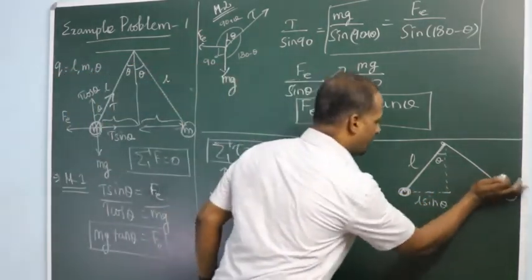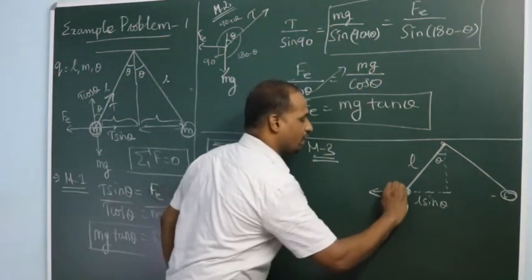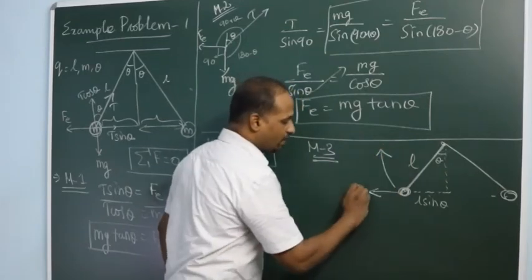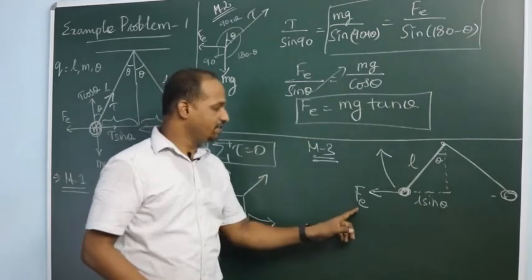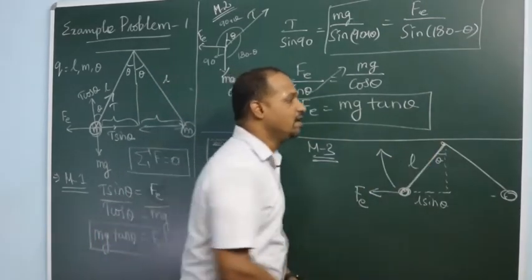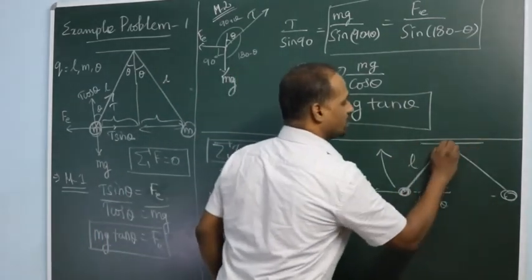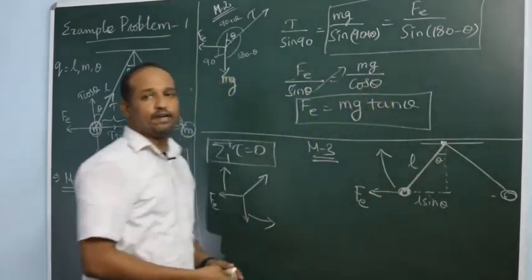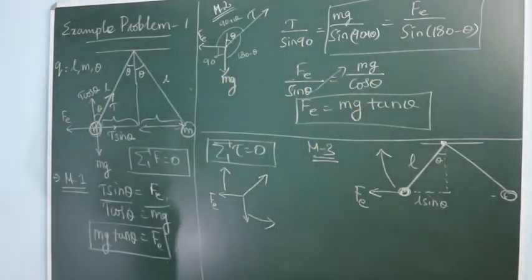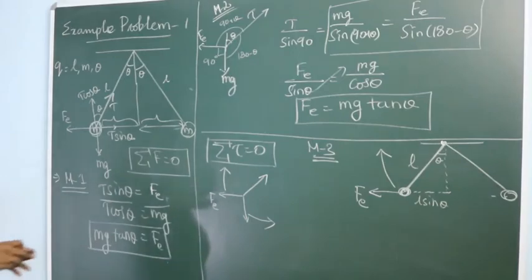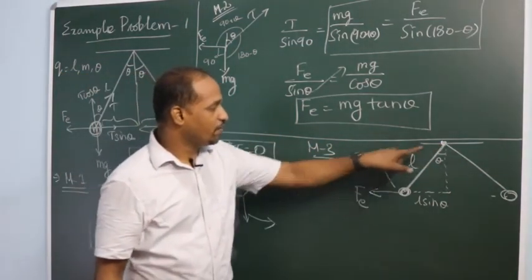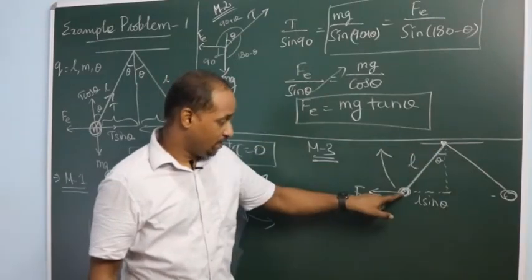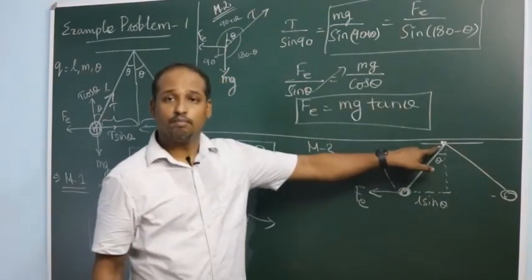Okay, here what happens, this electrostatic force tries to take the system this way. What is the torque this way? The torque this way is force into perpendicular distance. Here, about this point of suspension only it is trying to rotate. So about this point of suspension, the torque is force into perpendicular distance to the force from the point of suspension.